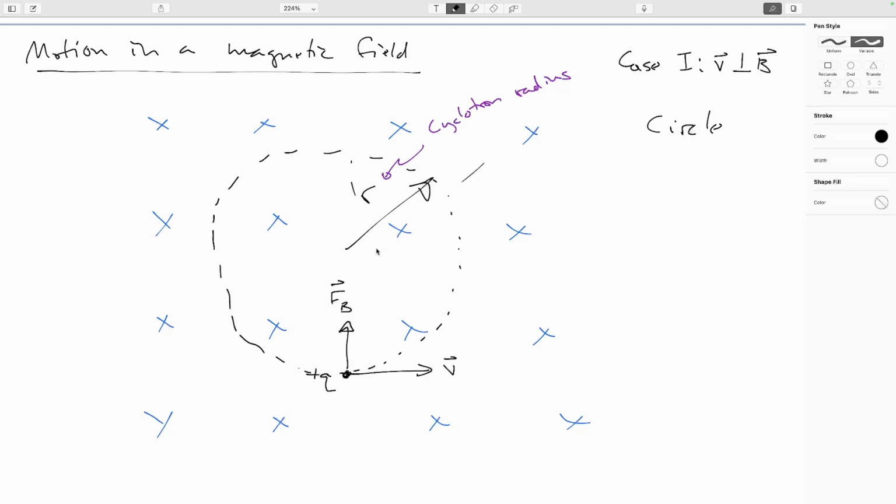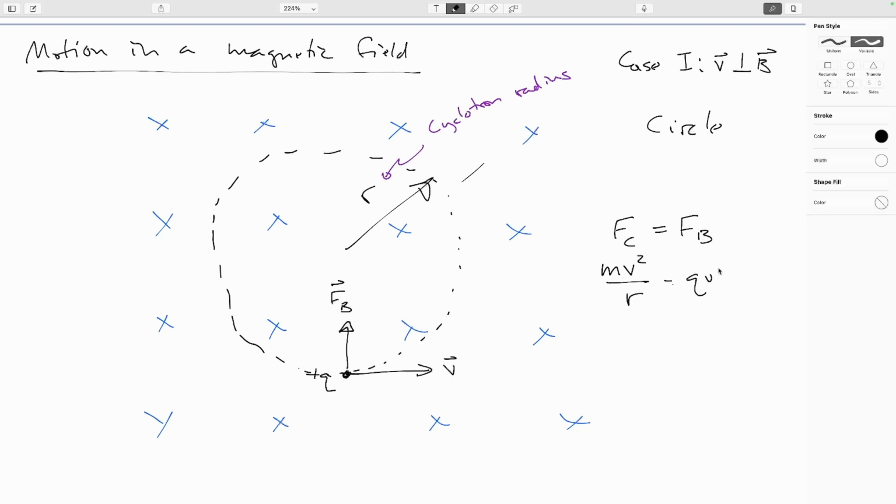So the cyclotron radius is basically just how big our device needs to be in order to achieve the speeds we want. In this case, since we're moving in a circle, we can identify our centripetal force to be our magnetic force. Now remember, all centripetal forces are equal to mv squared over r.